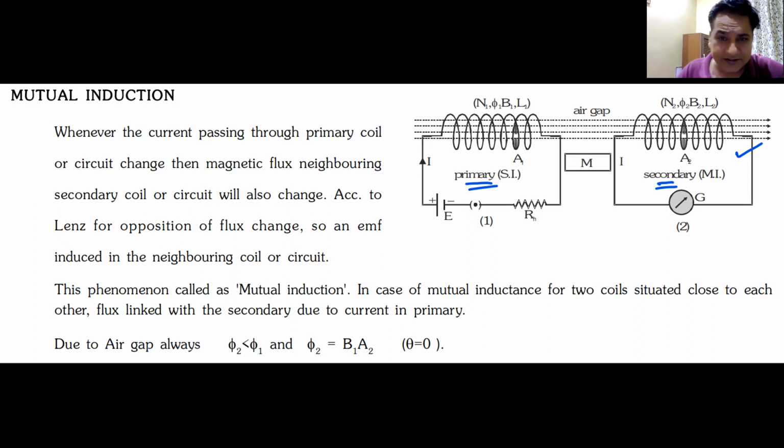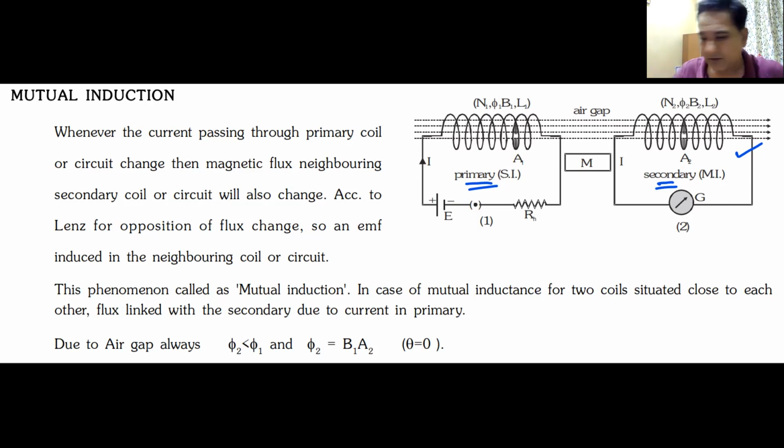We will see that arrangement, how it comes into the picture. But let us now assume that you have a primary coil and then you have a secondary coil and they are magnetically coupled. Do you understand the meaning of magnetically coupled? Yes, sir. Magnetically coupled means if you do something with this coil, something will happen in this coil, that is coupling. So if I have current in the primary coil, a flux can be linked in the secondary coil.